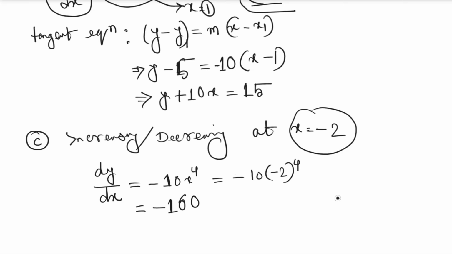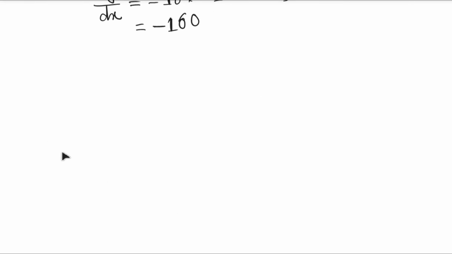So obviously this is an even power, so it will be positive, right? And 2 to the power 4 is 16, 10 times 16 is equal to 160, and this is minus, so it will be minus 160. And minus 160 is actually less than 0, right?